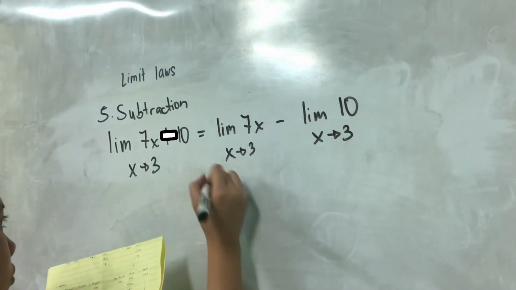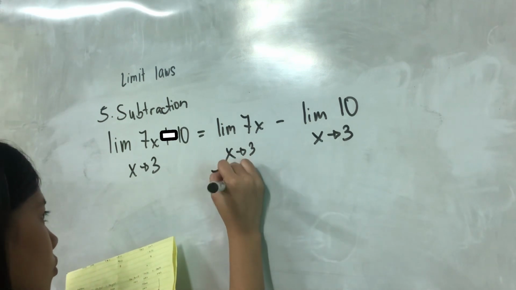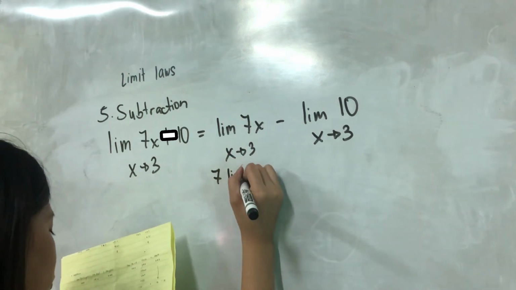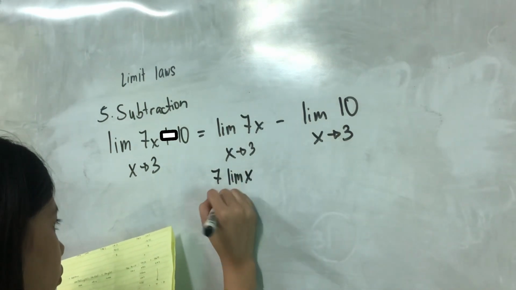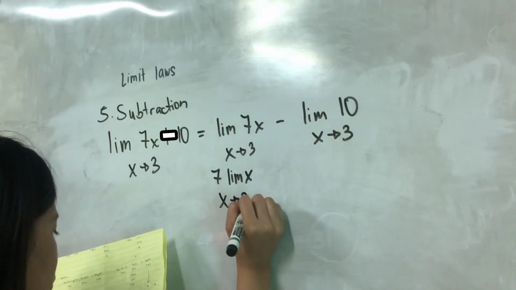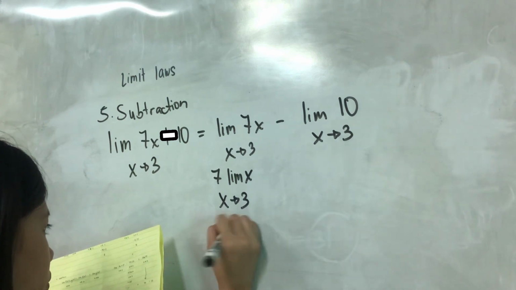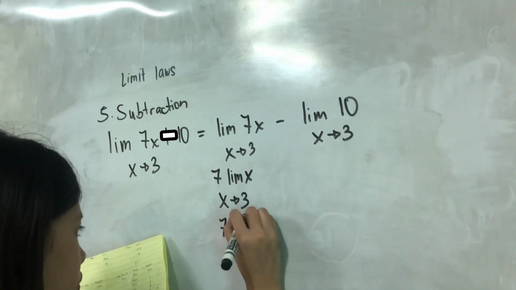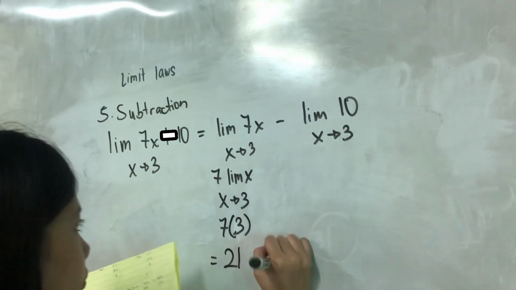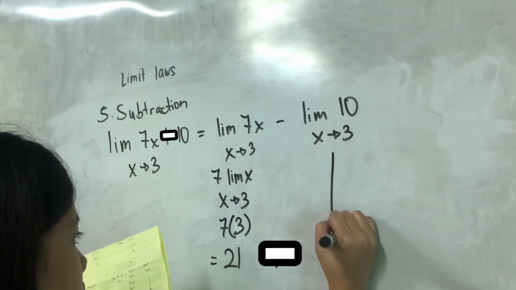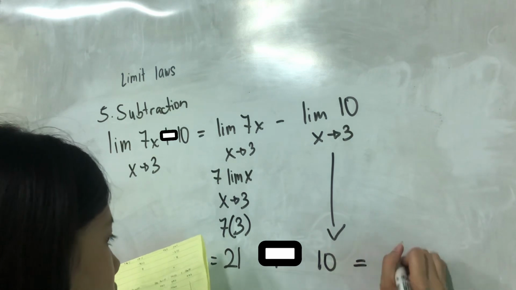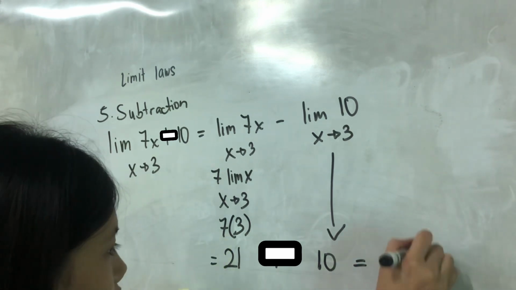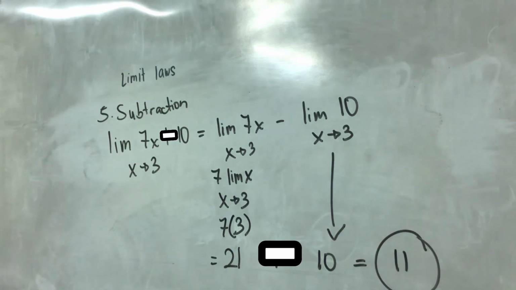So in limit of 7x, you would need to substitute the x with 3 and then multiply it by 7, which will be 21, and then minus the limit of 10, and then the final answer will be 11.